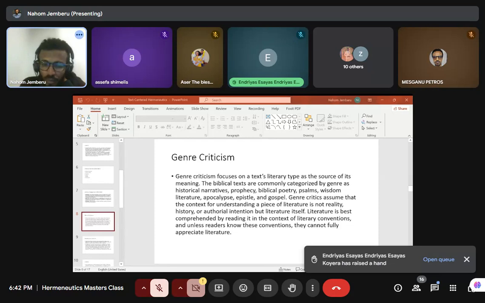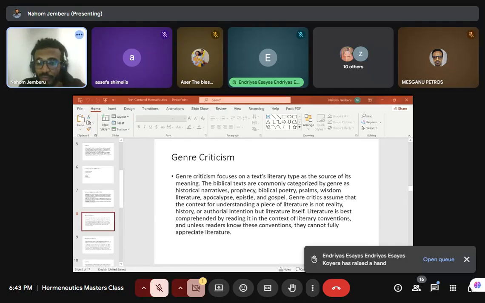For example, think of poems. Poems in Ethiopia, or Amharic poems, have to rhyme, right? But that was not the case when it comes to Hebrew poetry. Hebrew poetry follows what's labeled as parallelism. Rather than rhyming, it actually follows parallelism. We will talk about that in detail when we talk about Hebrew poetry.